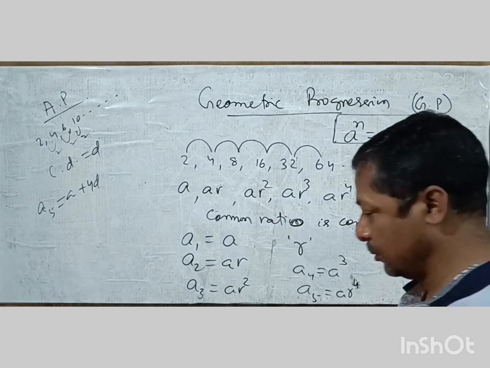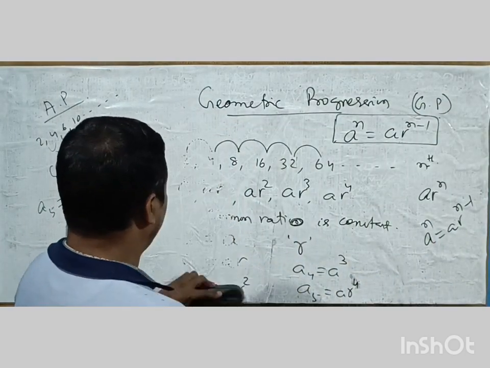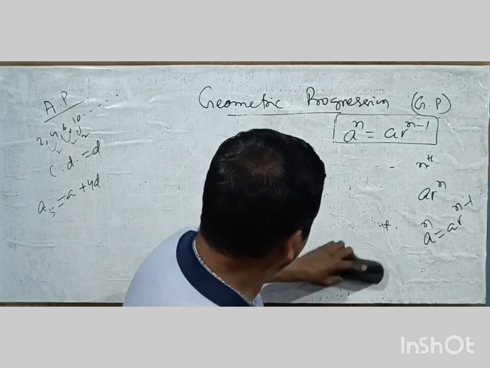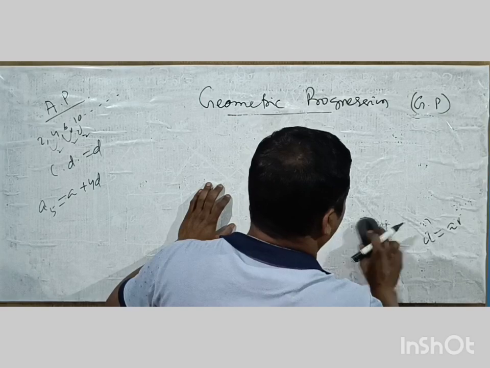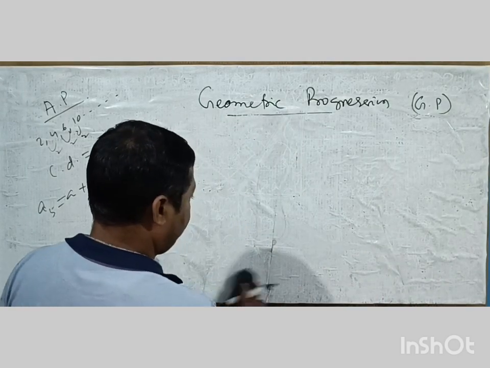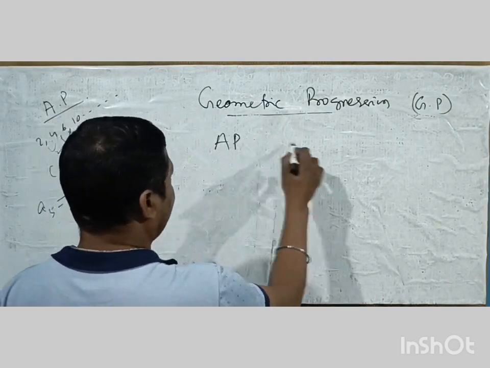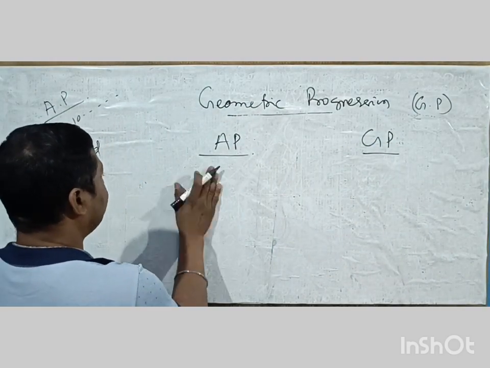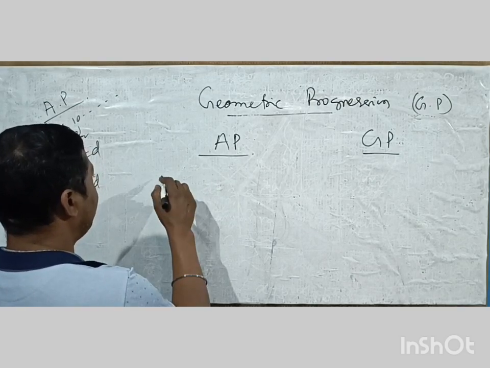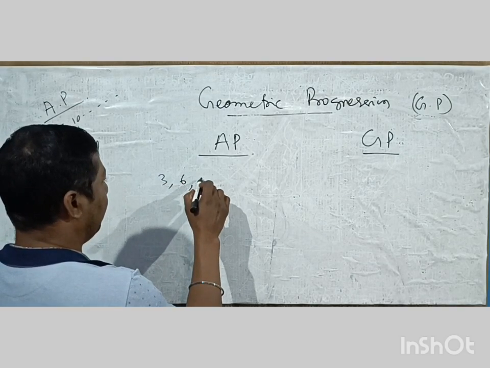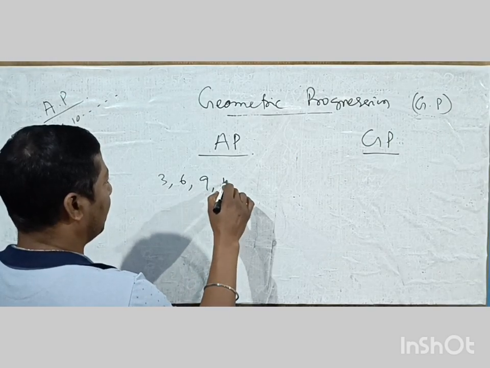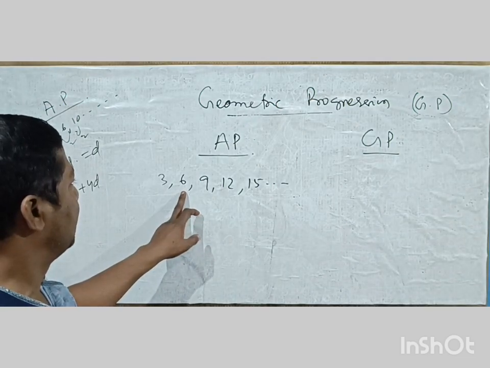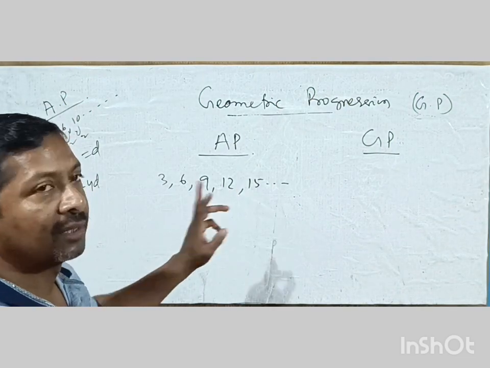So I think you are now clear with the difference of AP and GP. Let me compare once again, AP and GP. In AP, each term is increased by a constant number, like this. Suppose 3 plus 3 is 6, 6 plus 3 is 9, 9 plus 3 is 12, 12 plus 3 is 15.